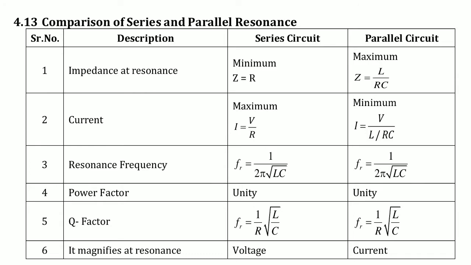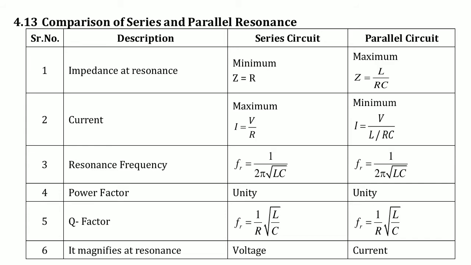Now, impedance at resonance condition. What is the resonance condition? It is the frequency in a series circuit at which XL is equal to XC. That frequency is called the resonance frequency. At this condition, XL and XC are both the same, so they nullify and cancel each other.